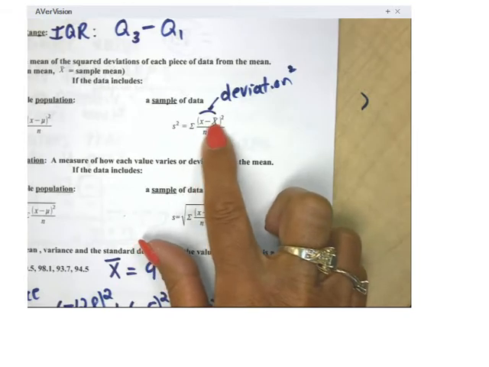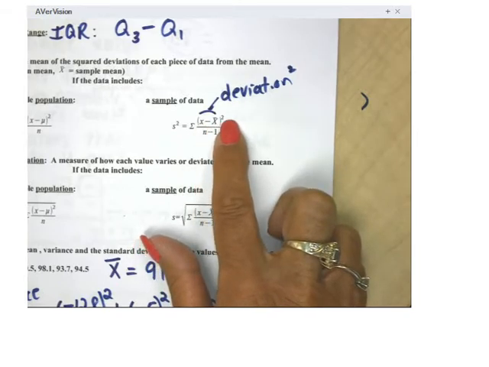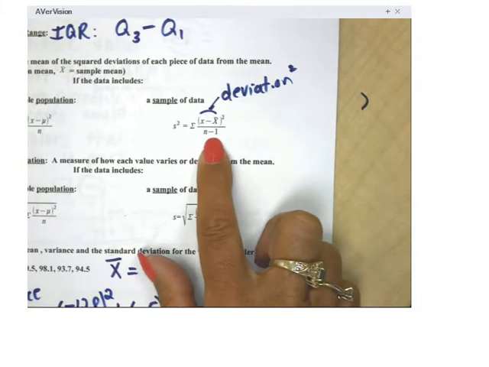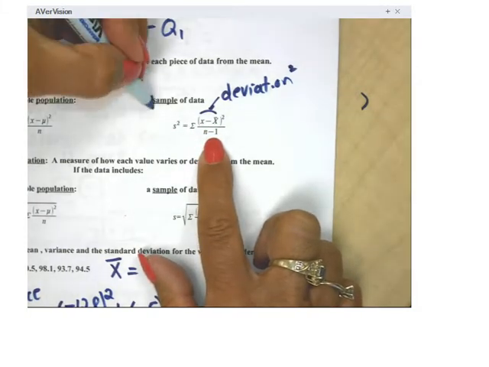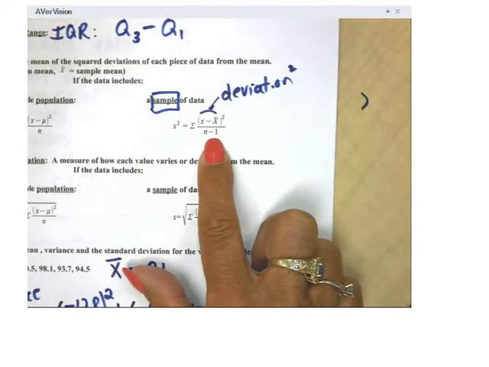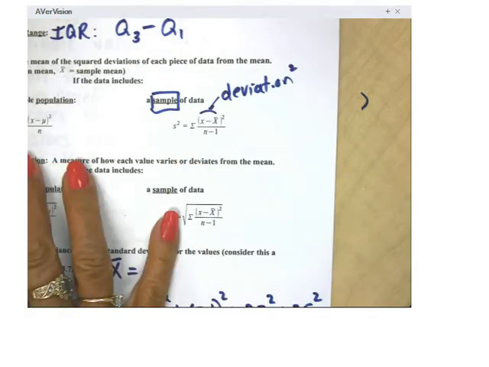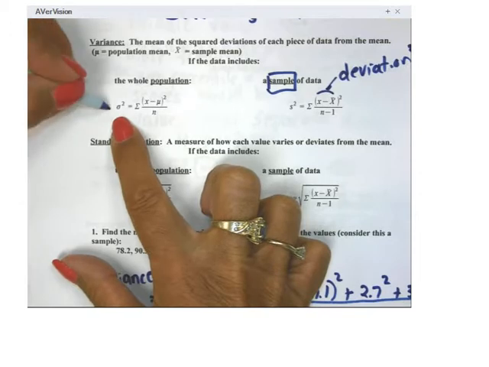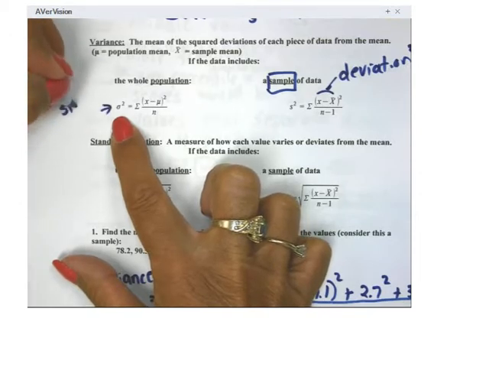The formula tells us that to find it, we have to find how far each number is from the mean, squared. Sigma means we will be adding up all those numbers and then dividing by 1 less than we have. And this is for a sample of data where we don't have the entire population. On the other hand, if we had the entire population, a different symbol is used.